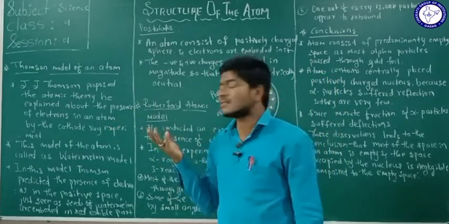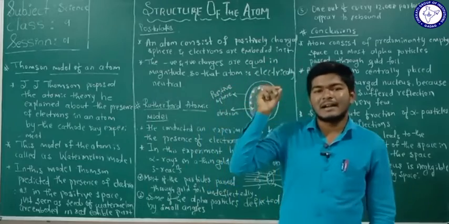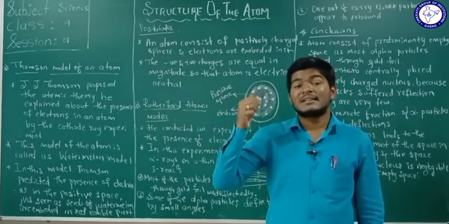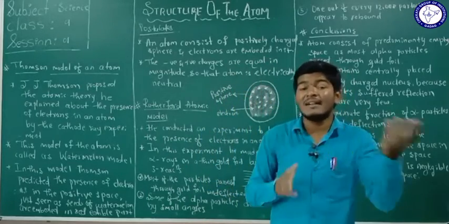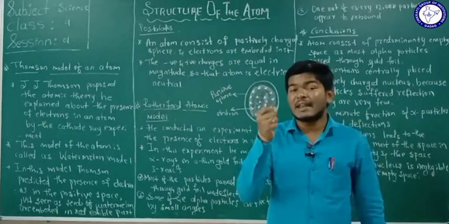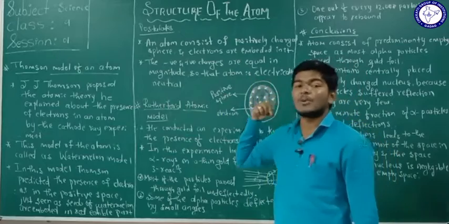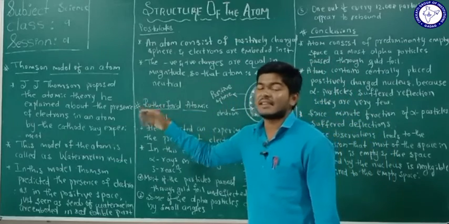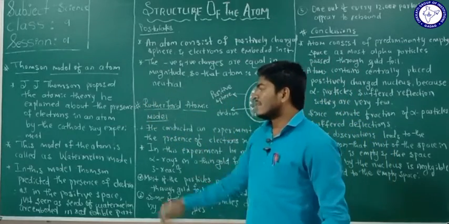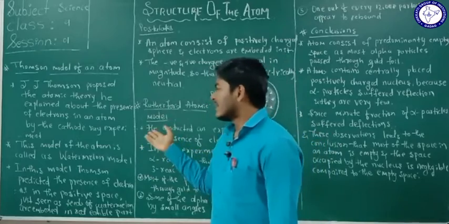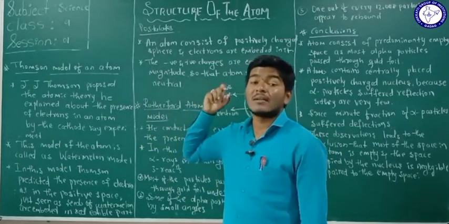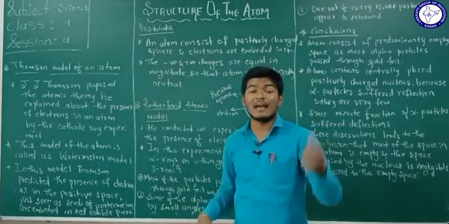Why? Because Dalton says that atoms are the smallest, final, undividable particles present in an element, but here Thomson says that subatomic particles, electrons, are present in the atom. He called this model of the atom the watermelon model.